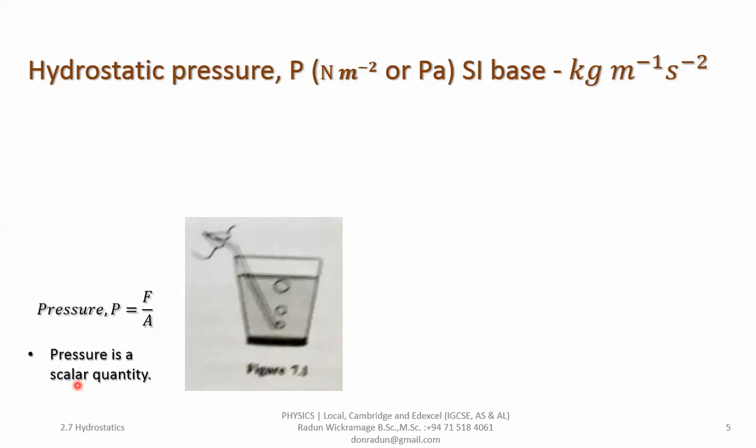We cannot point out a single direction. But in contrast, force is a vector. If you multiply the pressure and the area, we will get a force. Definitely, force has a direction that is always perpendicular to the cross-sectional area or surface area we are considering. Right? Okay.